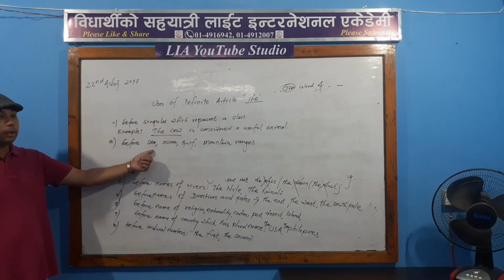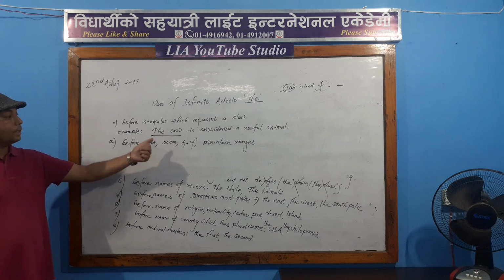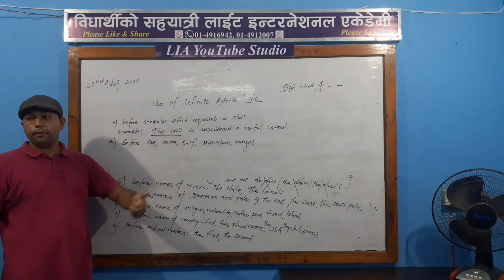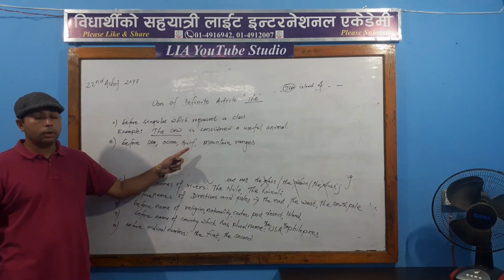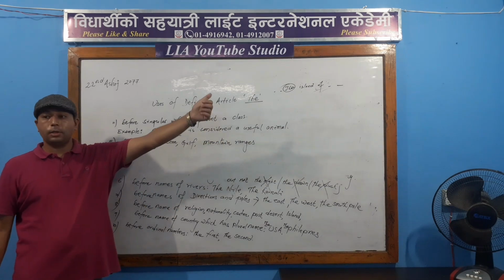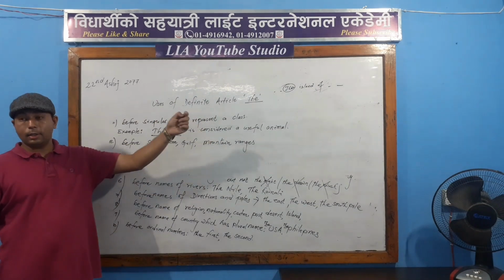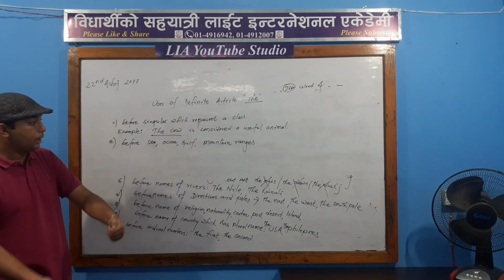Sea ko naam. The Pacific Ocean, the Indian Sea, the Red Sea, the Gulf of Bengal, the Himalayan ranges, the Churia ranges, mountain ranges, okay, you can write yourself.